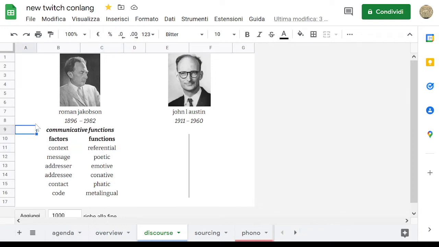So when you're communicating, there are a bunch of different factors at play in Jakobson's view, or his formulation of pragmatics. So there are these 6 factors that I have listed here. We've got the context, and context is what it sounds like it means.